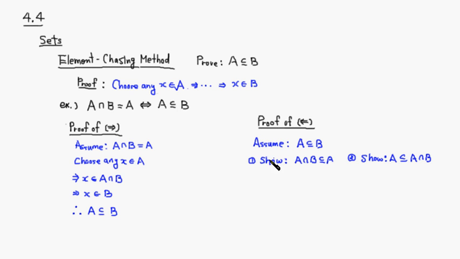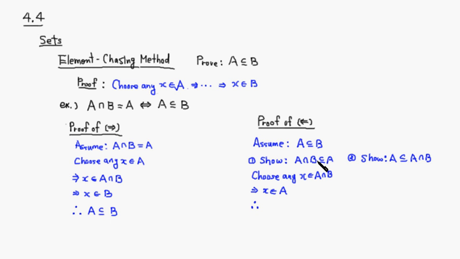For this one, we just say choose any element x in A intersect B. By definition of intersection, x is actually in both A and B, but all we need is that x is in A. So this side is pretty easy.